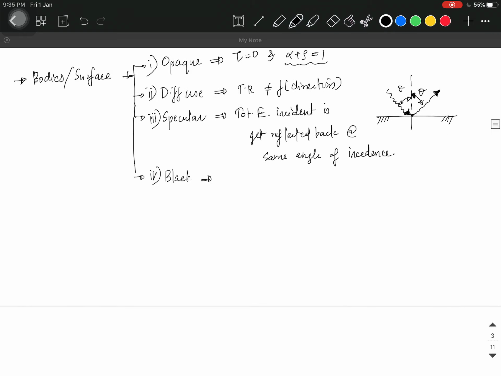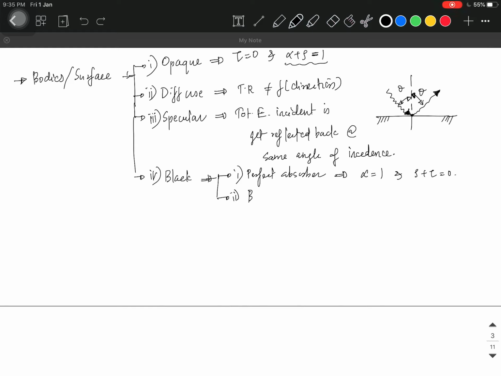Then we have the famous black body or black surface. The characteristics of this body are, first, it is a perfect absorber, that is alpha is equal to 1 and rho plus tau is equal to 0.